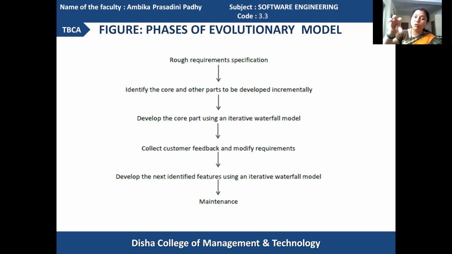Whether a module works very well or not, we can easily identify through the customer's feedback while using it. And the rest of the modules are gradually, incrementally, successively developed and added to it. Got it? And the maintenance part, at last, as in all the life cycle models, provides the future scope.